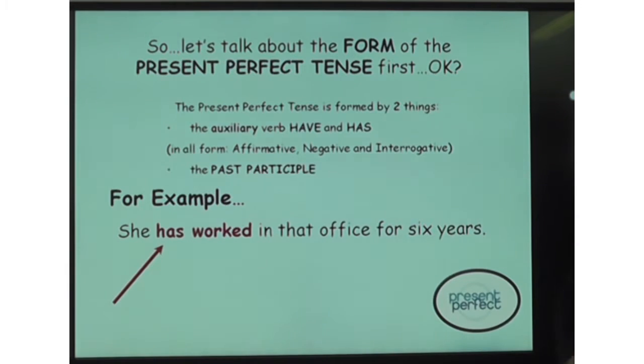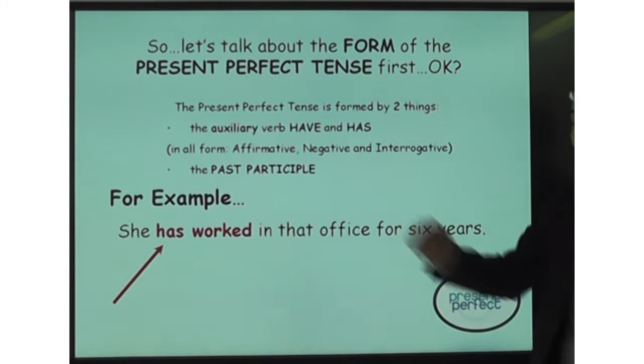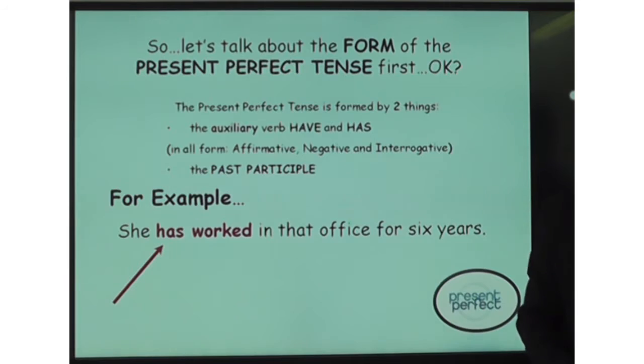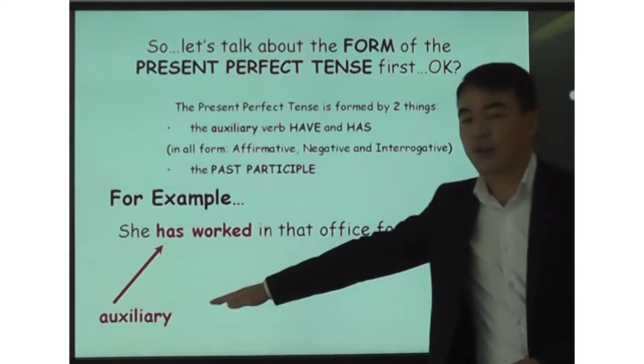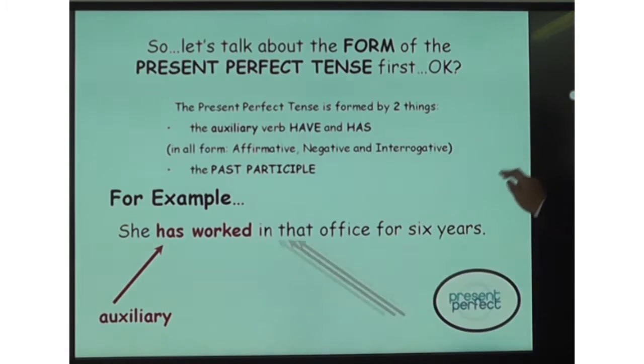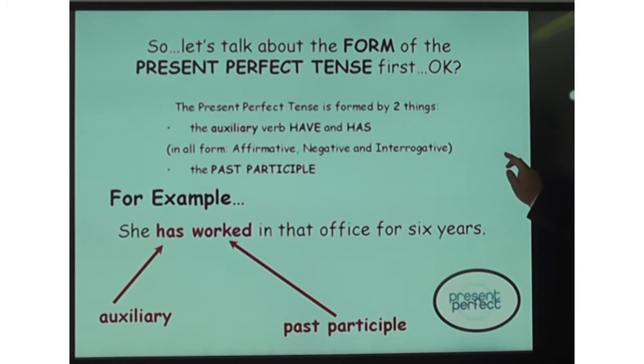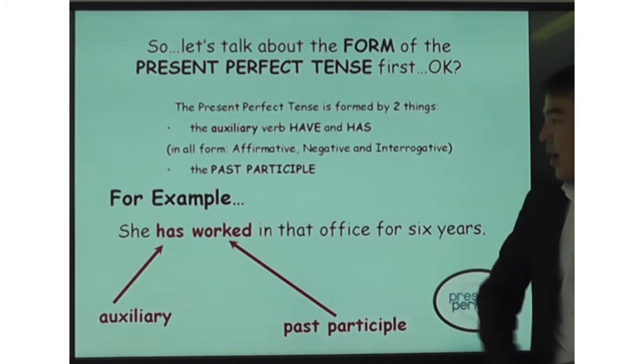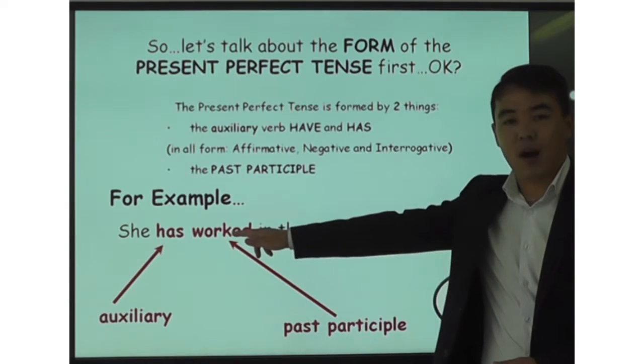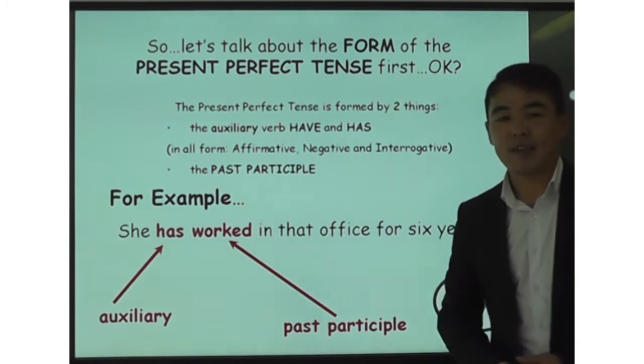Here, has is the auxiliary verb of the present perfect tense, and worked is the past participle, the verb with the suffix -ed.